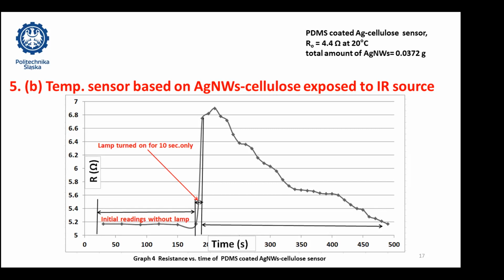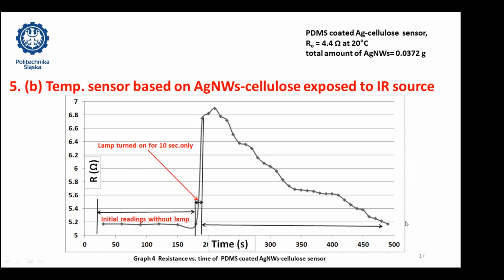For the first 3 initial readings, the line is horizontal, so there is no change in resistance. These readings were taken 30 seconds apart, and after that, for just 10 seconds, the light was turned on onto the sample. As you can see, the resistance increases exponentially, and then it gradually decreases to its initial value.